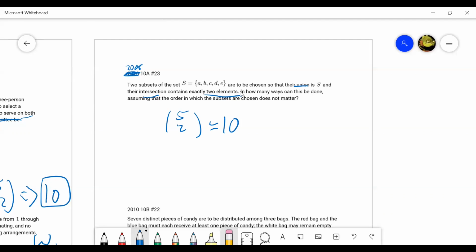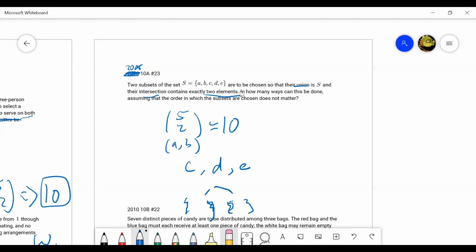And next, we're going to be left with 3 elements. So if we assume A and B are the 2 in the intersection, that must mean that the 3 elements C, D, and E are going to be split into the 2 subsets, right?